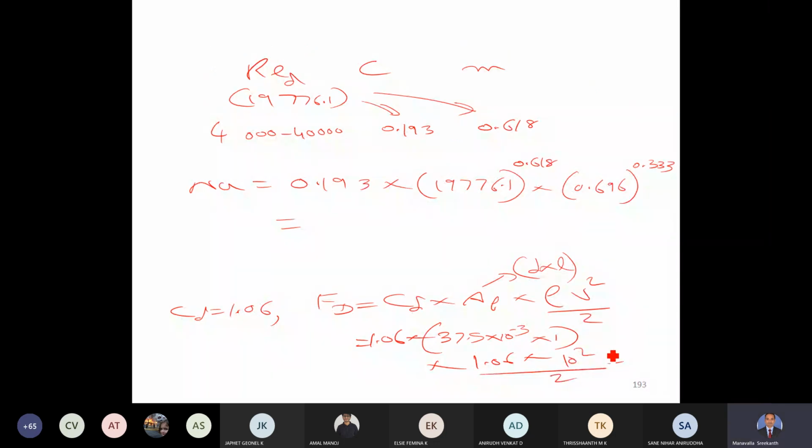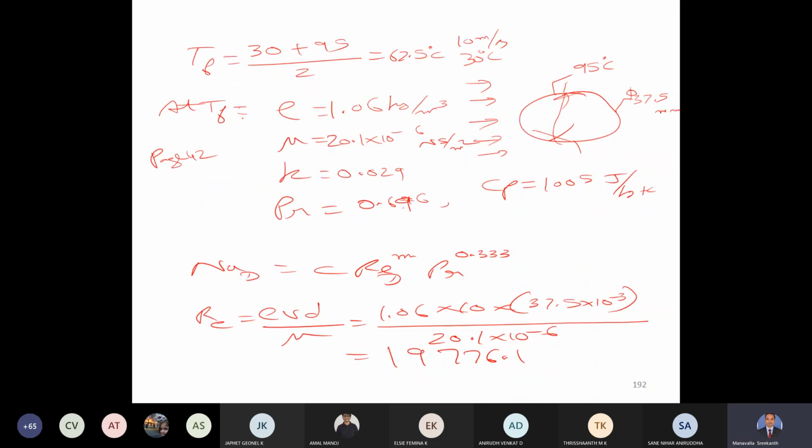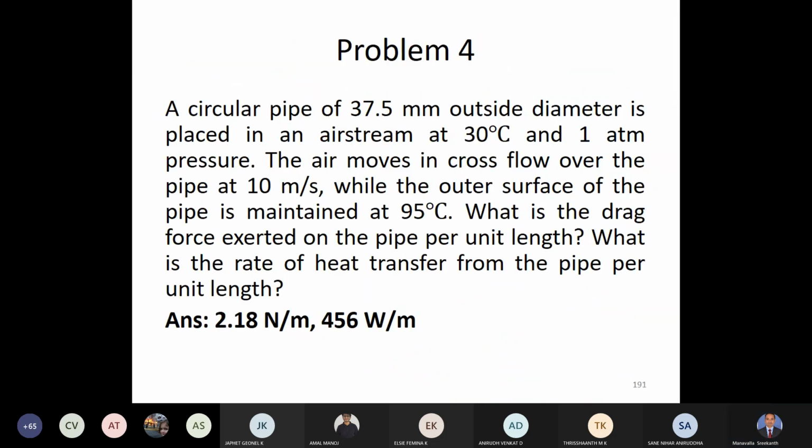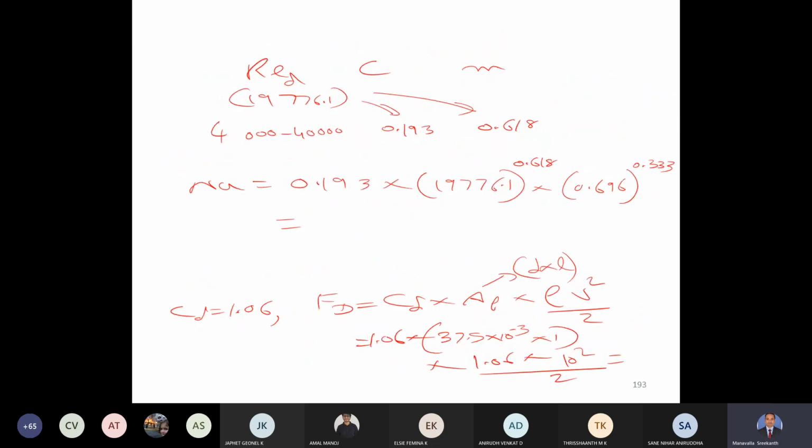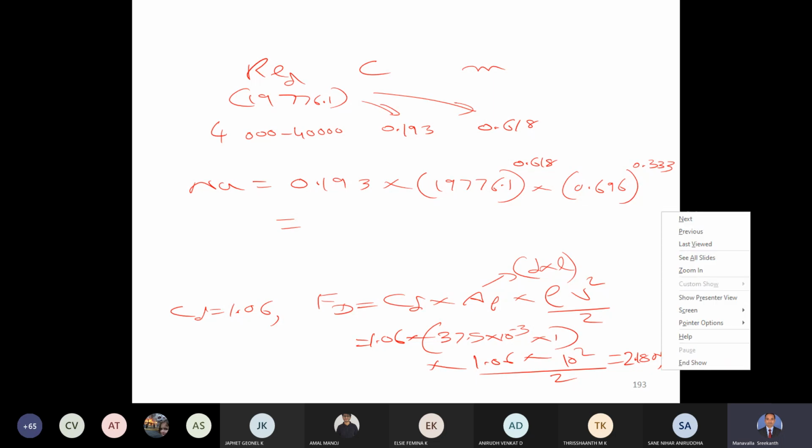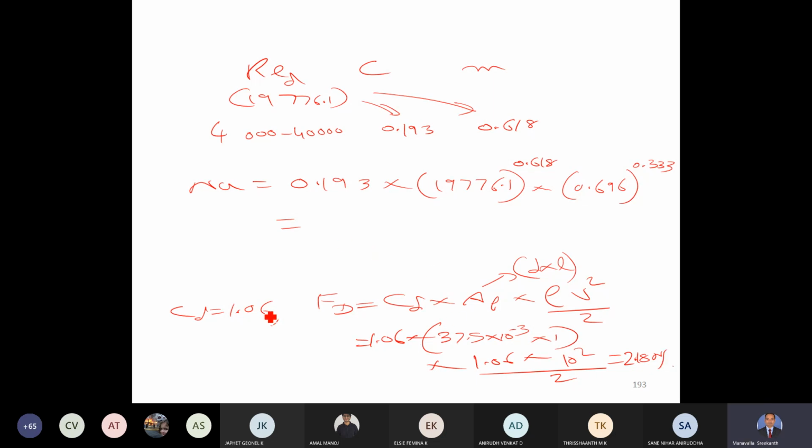So this will give you the drag force. So you should be getting 2.18 Newtons per meter of the cylinder length. 2.18 Newton per 1 meter length of the cylinder. Okay, so that is about the drag force.